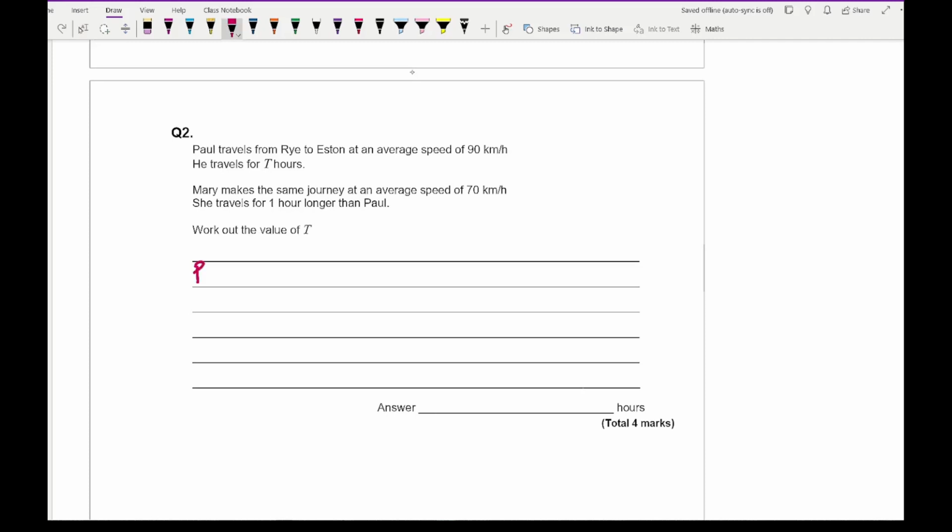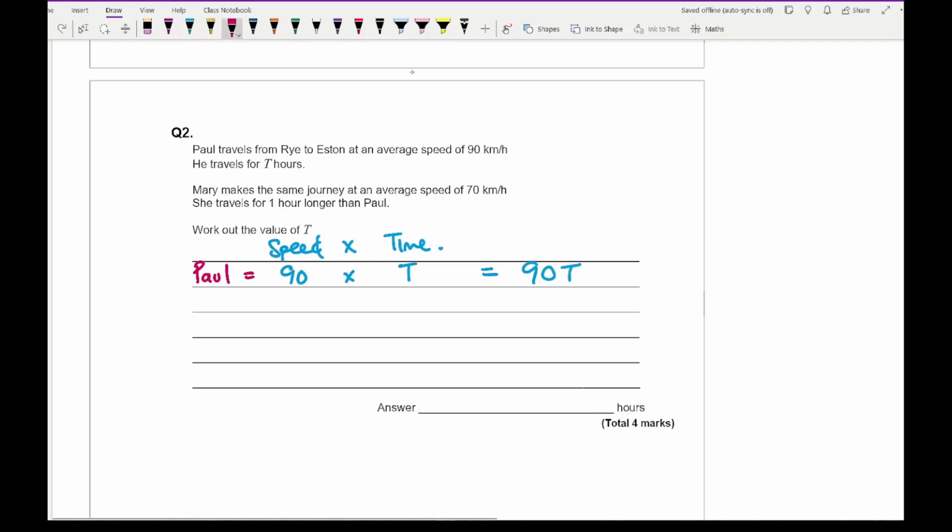So just by writing down what we know, for Paul, in terms of distance, because they both travel the same distance, it's going to be the speed multiplied by the time. So for Paul, that's going to be 90 multiplied by T hours, which gives me 90T.